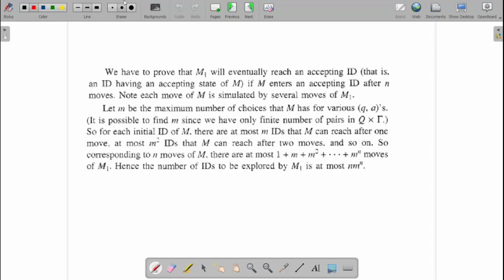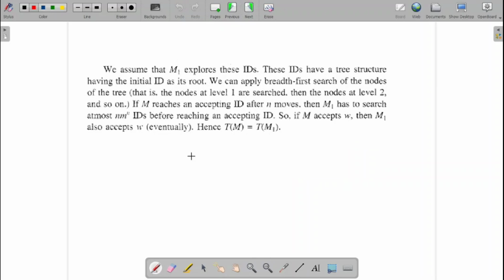If we continue, the sequence we get is 1 plus m plus m squared up to m to the power N. Hence the number of IDs explored by M1 is at most N times m to the power N.